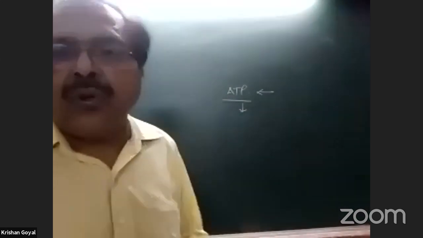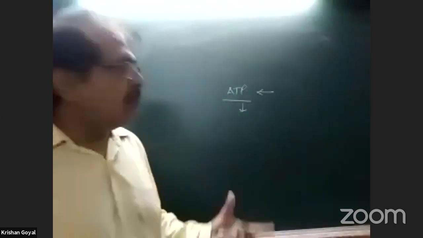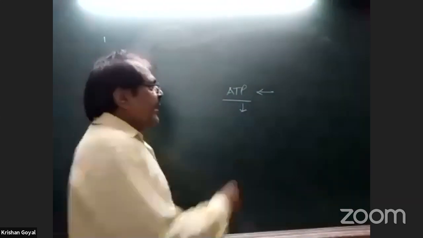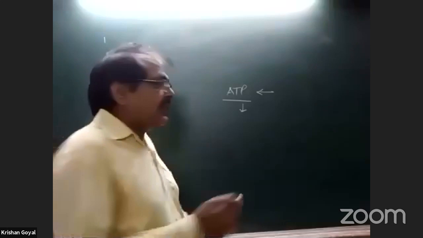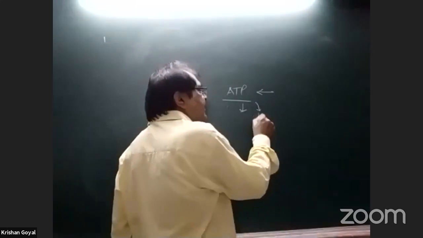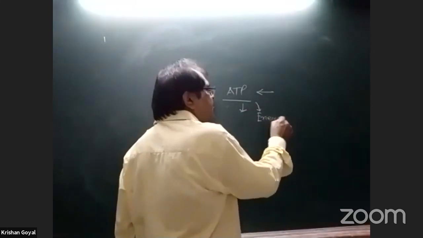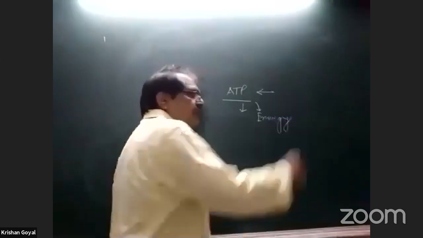ATP is a ribonucleotide. And a very important question: it is also called the energy currency of the cell.